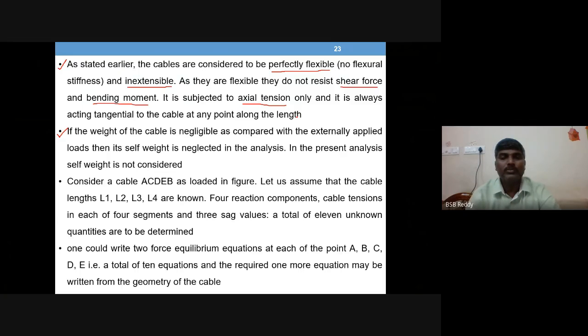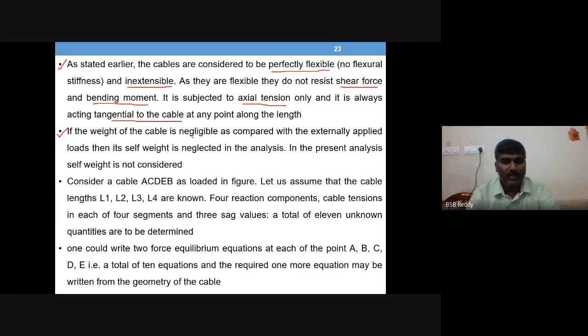That is the important characteristic of the cable. And that cable tension always acts tangential to the cable at any point along the length. We have already talked about these characteristics.